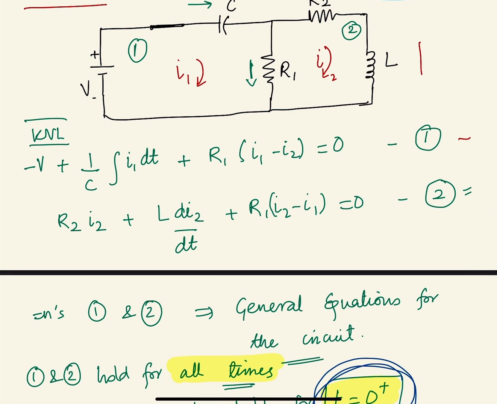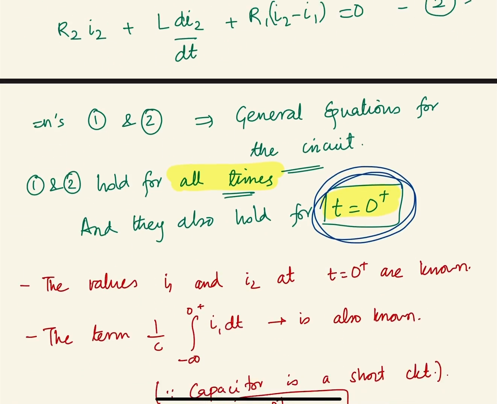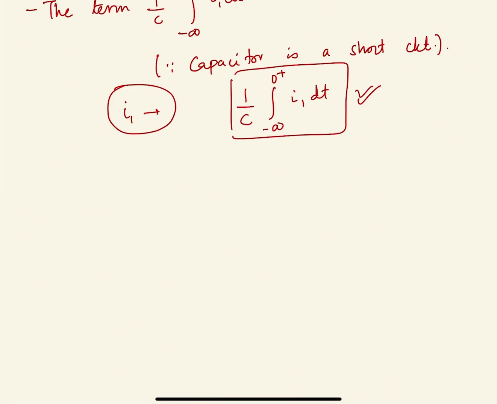let's talk about the inductor. This here, if you see the inductor, the term 1 by L, integral from minus infinity to 0 plus of V dt, represents the current through the inductor.